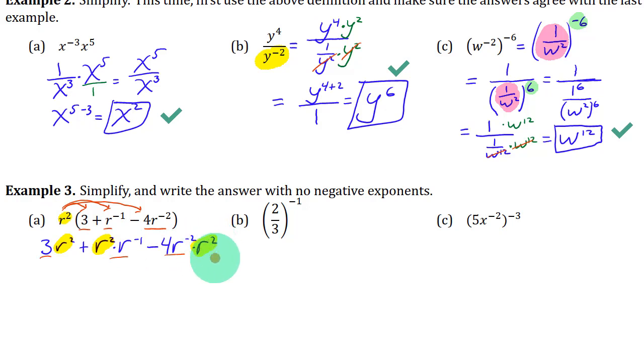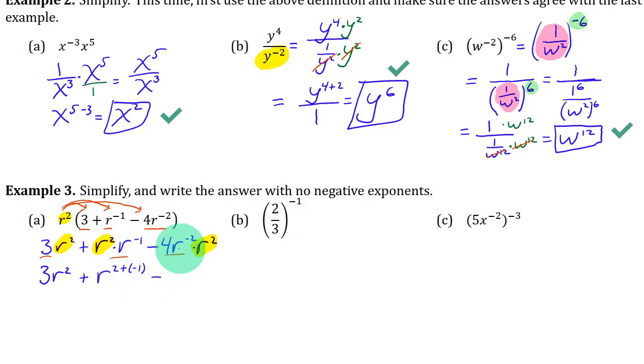All right, now how can you simplify each of these? Well, 3 times r squared you can't really do anything with. That's just 3r squared. R to the 2 times r to the negative 1, that's the same base of r in both of those with different exponents, so you can add the exponents. So this should turn into r to the power 2 plus negative 1.